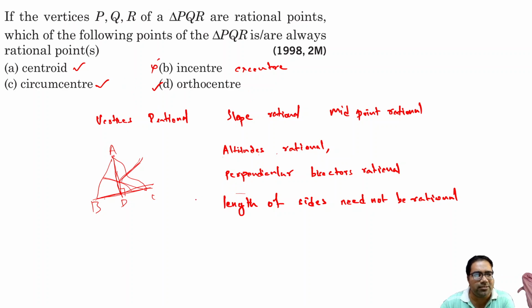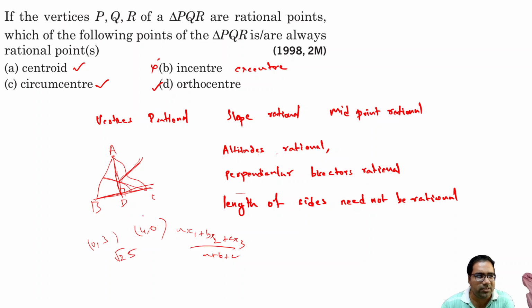Right. The incenter is about (a x1 plus b x2 plus c x3) by (a plus b plus c). Right. But when the points are rational, the distance between the points need not be rational. So, for example, (0,3) and (4,0) will give a rational hypotenuse, right?